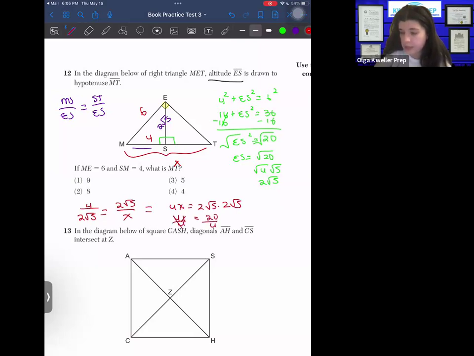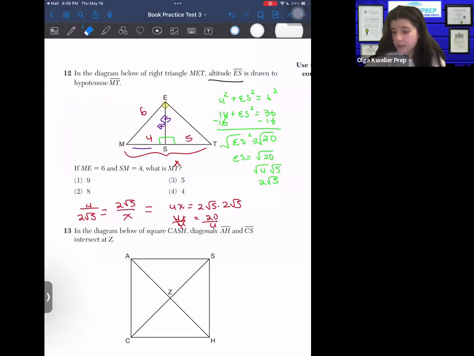We end up with x is 5. And we got ST, exactly 5. And now that we got ST, we can play the Pythagorean theorem game to figure out ET. But we don't have to in this case because they just asked us MT. So now we have enough information to answer that. And the answer there is 9. Does that make sense?